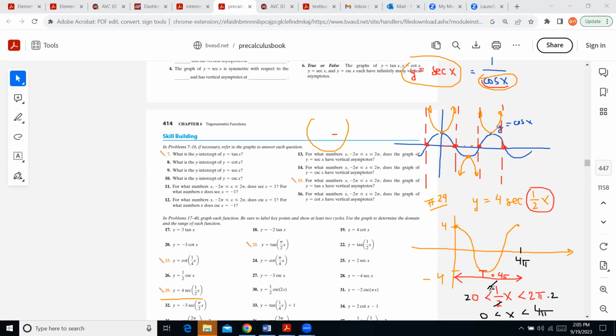But the point of the story, that piece of a function cosine that hangs here in between 4 and -4 and has a period 4 pi is now going to be repeating and giving me the ability to get the actual function secant.